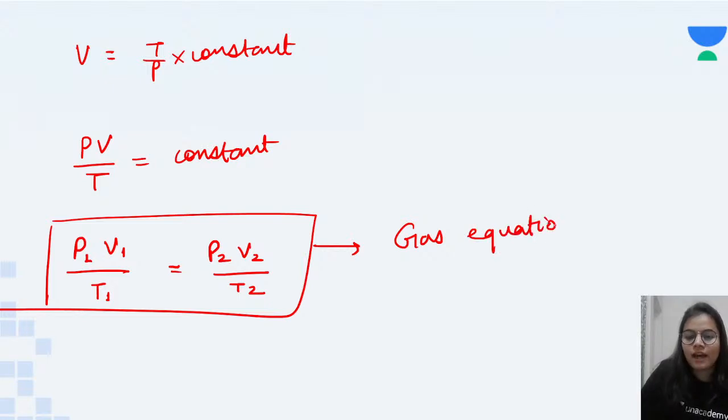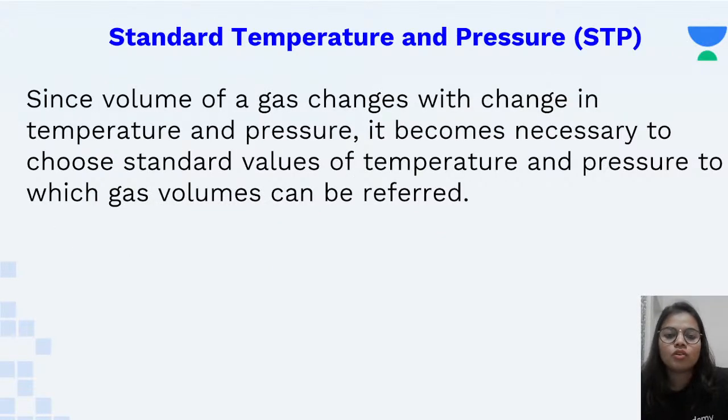Now what is the gas equation used for? See, for example, if pressure and temperature both are changing, how do we calculate the volume? We use the gas equation for that. I hope that is very much clear. Now let's move on to standard temperature and pressure, that is STP.